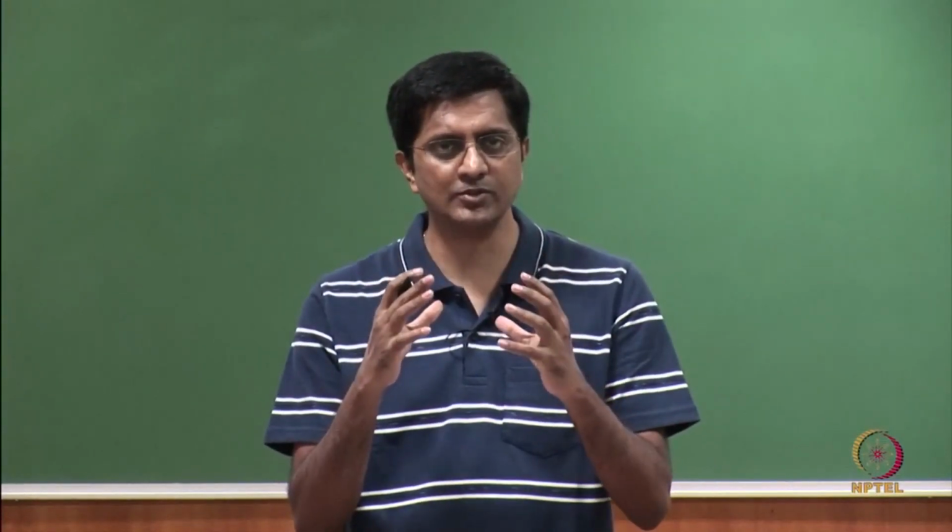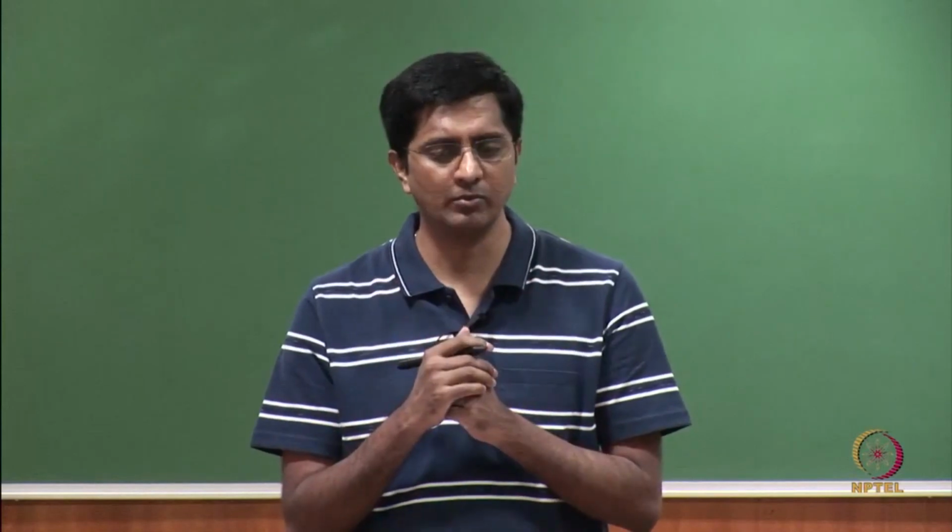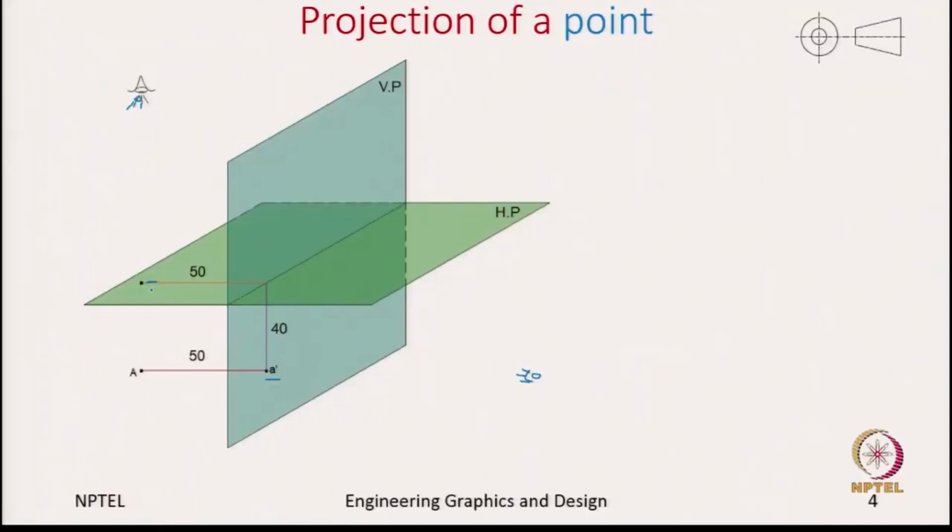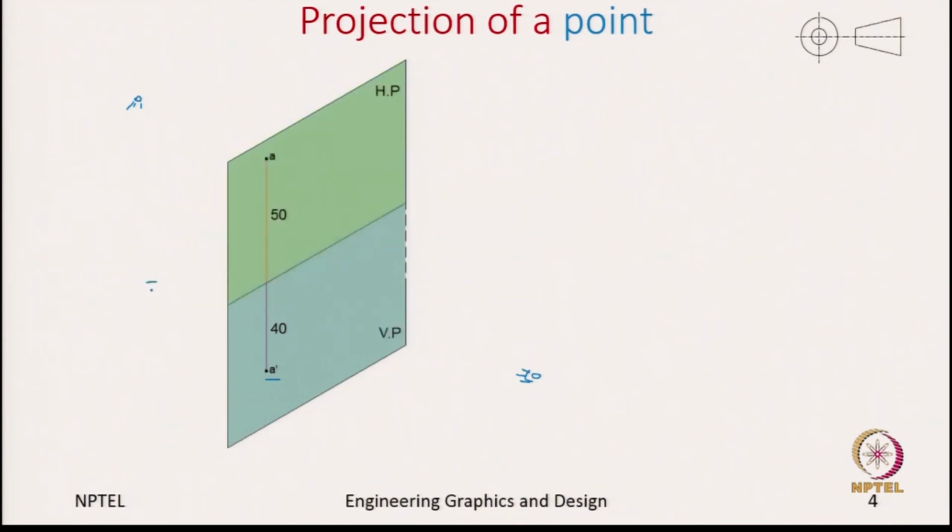We do not disturb the front view because it is the primary view, but the top view we rotate such that both the top and front view are in the same plane. So, now let us rotate the horizontal plane again 90 degrees clockwise. After rotation we now notice all of them are in a single plane.